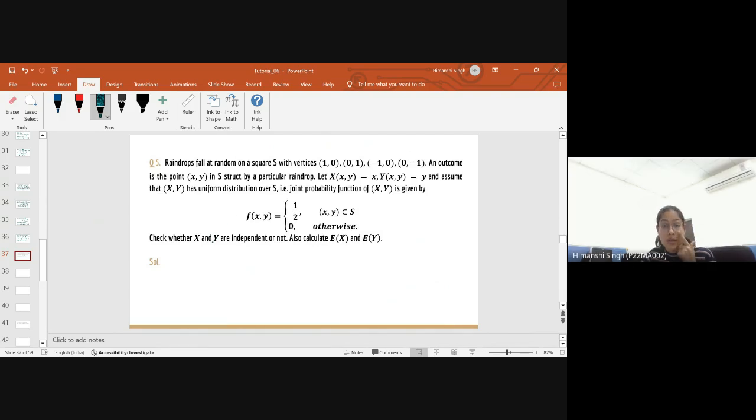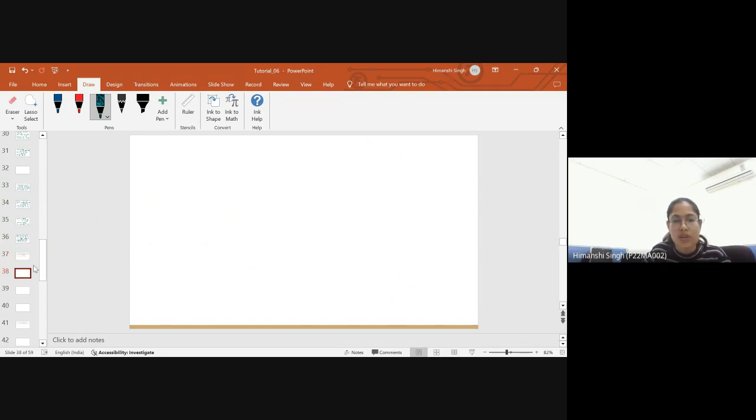So the question says, a raindrop falls at random on a square with vertices A. So first of all, we'll just plot this square. I want to plot it on the next page because it is little. I'm plotting this square.